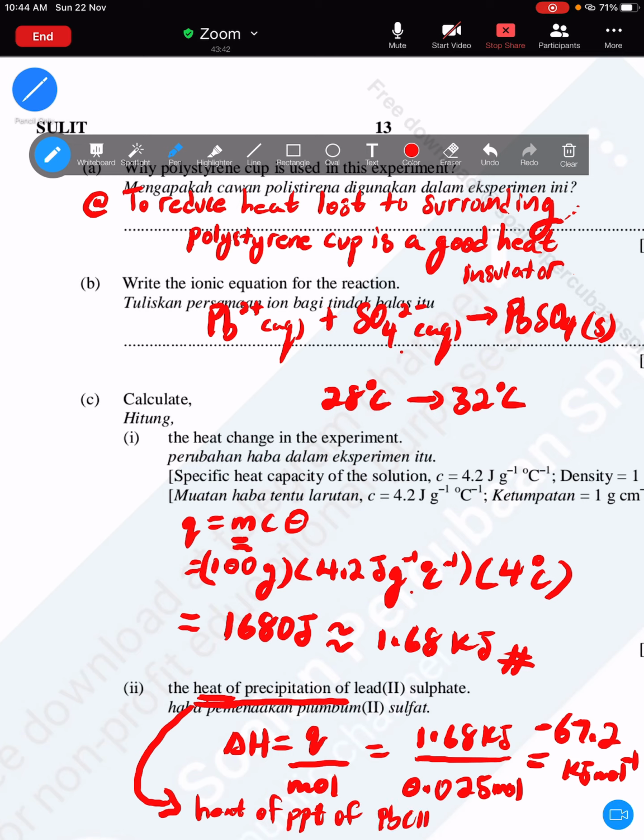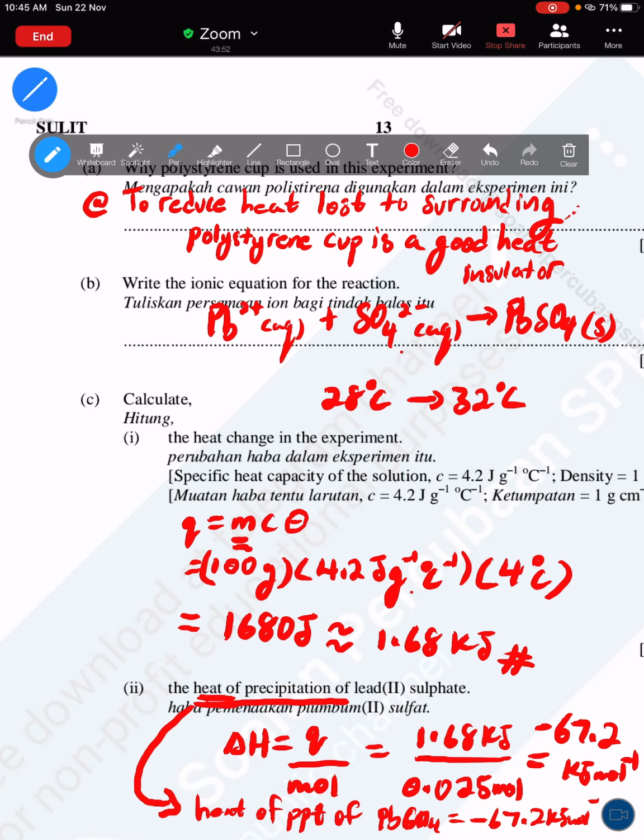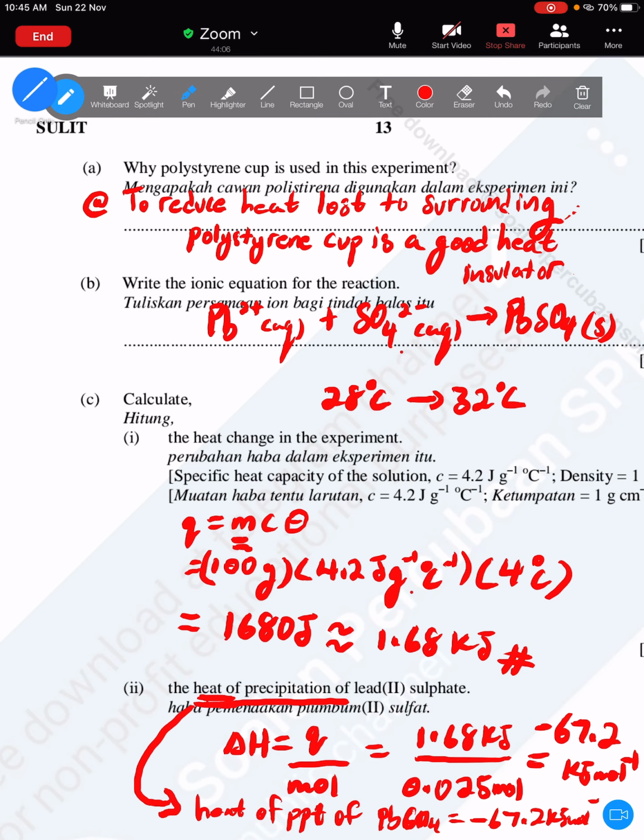Then you write a sentence, heat of precipitation of PbSO4 is negative 67.2 kilojoule over mole. You must write the unit. No unit, they penalize 1 mark. You must include the unit. Okay, you might screen capture this.